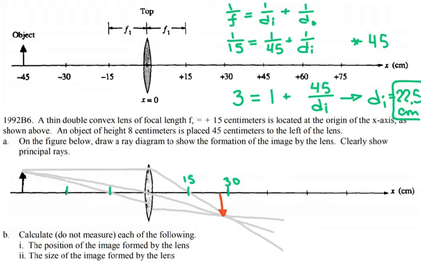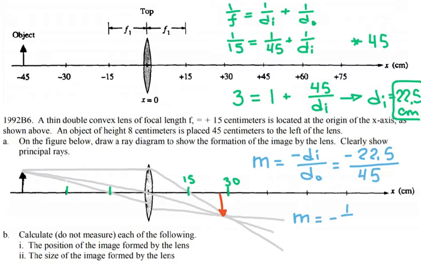To calculate the size of the image, I have to find the magnification, which has the formula negative di over do. So I have negative 22.5 over 45, and the magnification is equal to negative 1/2. The negative sign stands for the image being inverted.